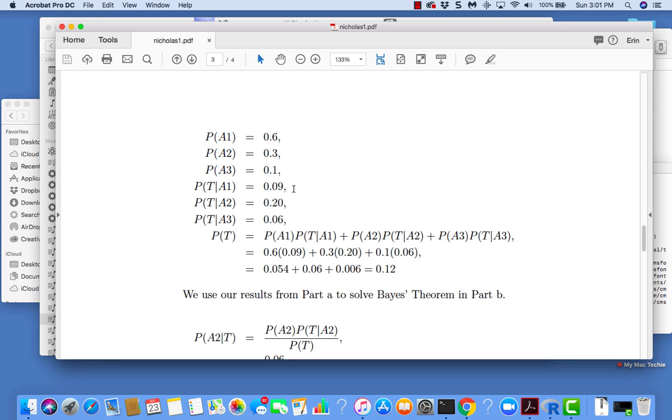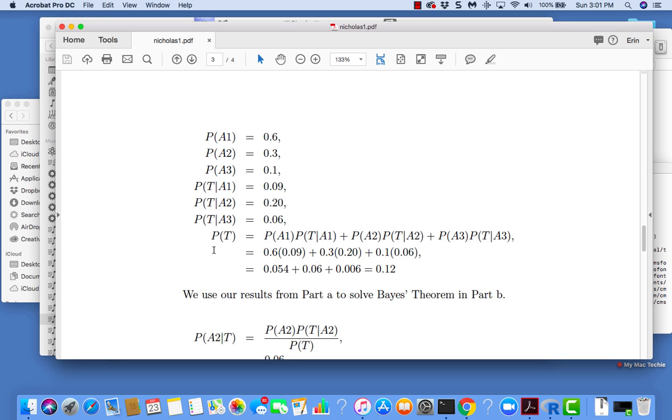I have the probability of tune-up given A1 is 0.06. Probability of tune-up given agency 2 is 0.20. And the probability of tune-up given agency 3 is 0.06.